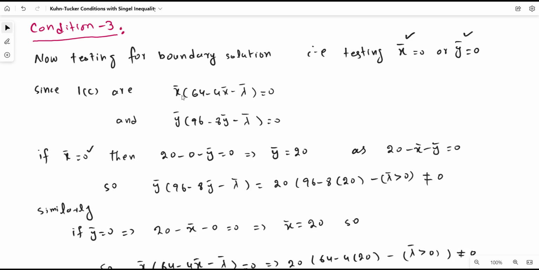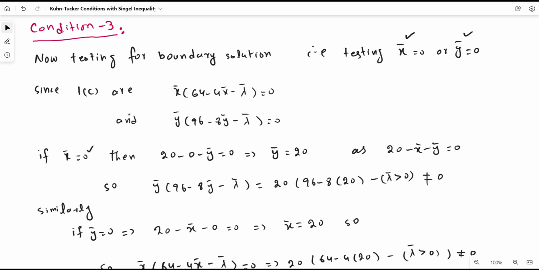So if one thing is clarified, the other thing would automatically be clarified. For example, if it is clarified that x bar is greater than 0, then the constraint would definitely be equal to 0. Similarly, if it is confirmed that y bar is greater than 0, then this constraint would automatically be equal to 0. So let us confirm this.